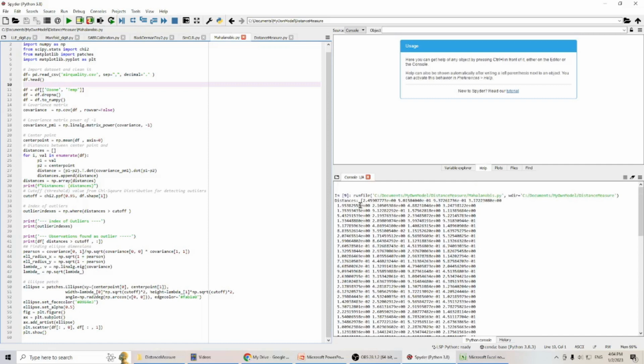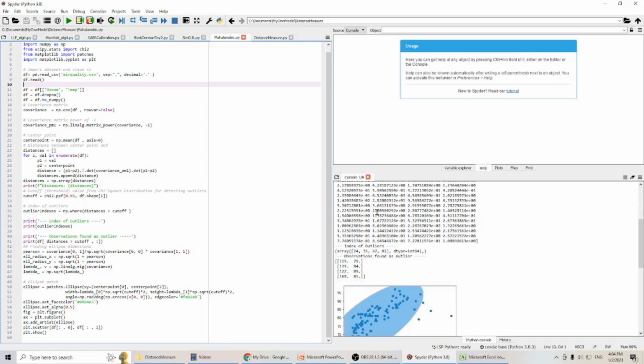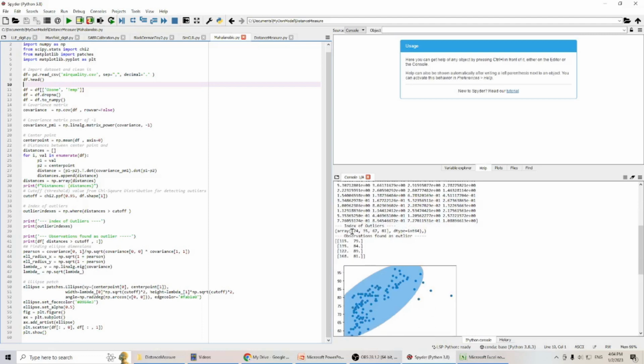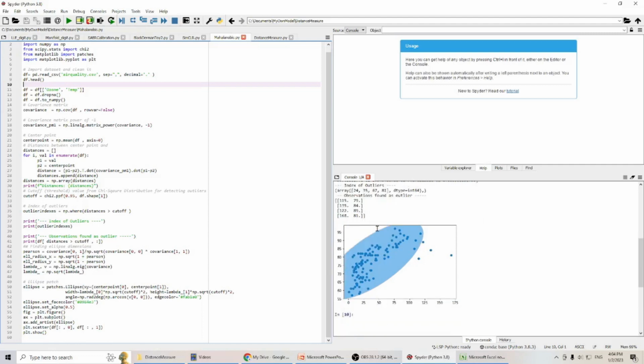You can see I calculated all those distances, and then I can see there are 4 outliers. And from this graph, you can see my distribution is like this, and this is the center of the distribution, and all those 4 data points are outliers.